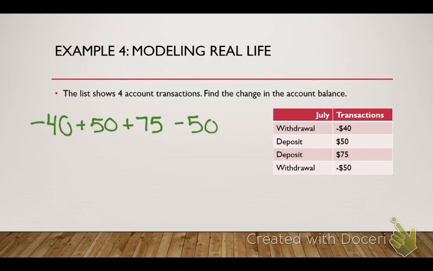The commutative property. And if you used commutative, how would you rewrite it? Positive 50 plus negative 50 equals 0. Minus 40 equals 75. Why did I pair my 50s together? Kennedy? So you could cancel them out.